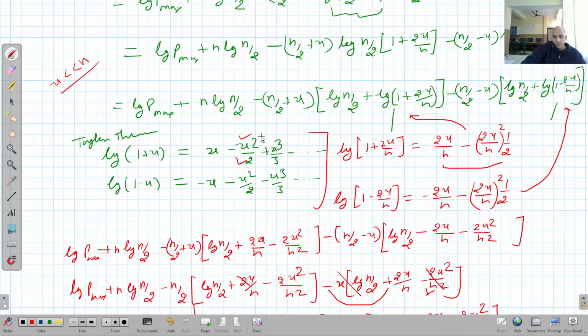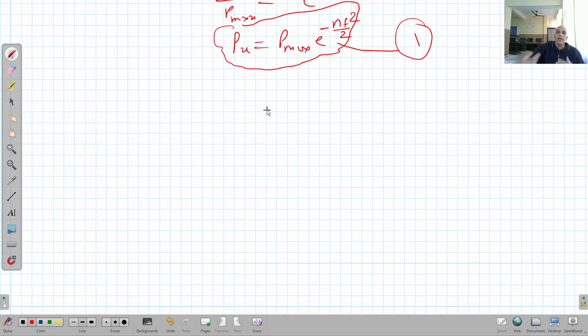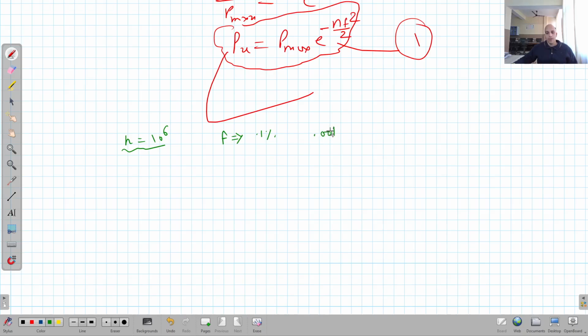So now I'm going to make the analysis, right? How this px will change as we make the change in the value of n and f, right? So to do the analysis, let's consider a particular case where n is equal to 10 raised to power 6 particles, and the fractional deviation is of the order of 0.1%, right? 0.1% means it is 0.001, right?